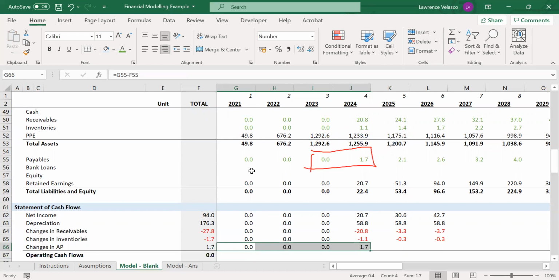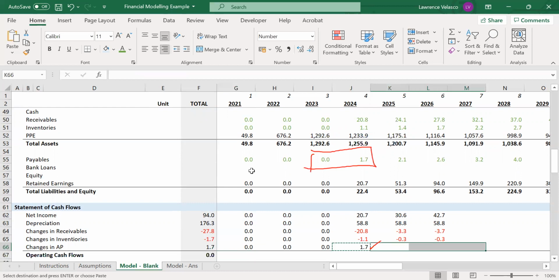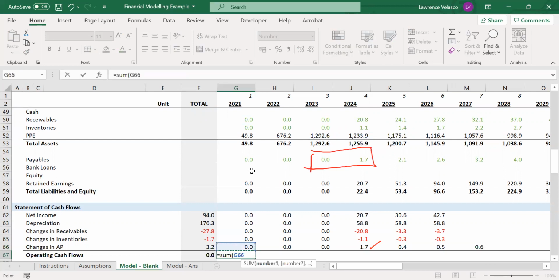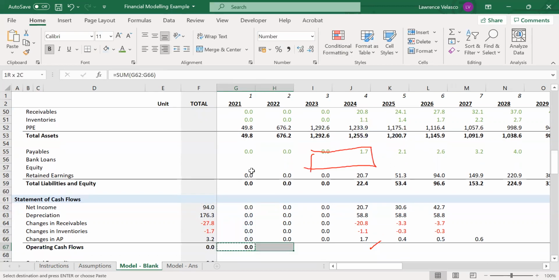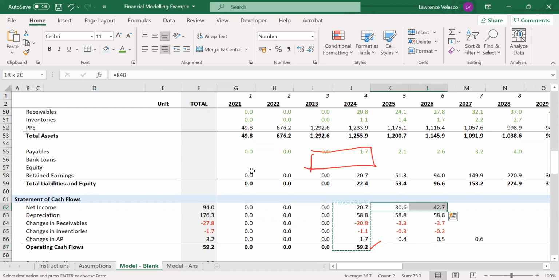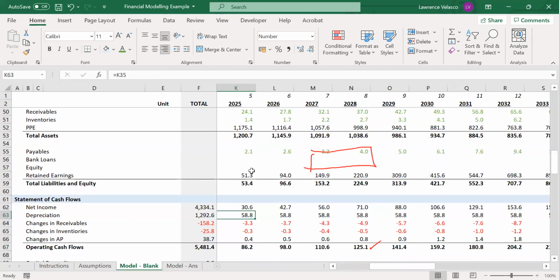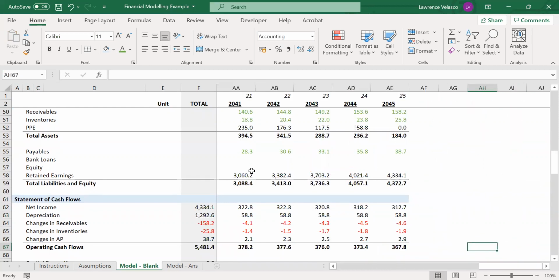Ang gusto nating modeling impact is that it's an addition, so no adjustment needed. Tama ang na-reflect natin using this formula. And then you can sum it all up, and that's the operating cash flows for the year. Then you can copy it until the end of 2025. So that's your operating cash flows for every year.